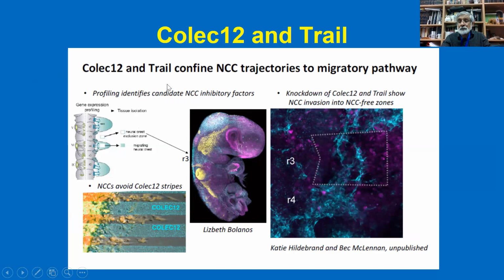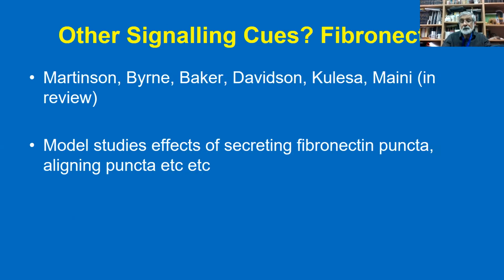And they are expressed in the first part of the domain, but not in the second part of the boundary. So these, we think, are the ones that are giving the partially confined domain, as predicted by the model.